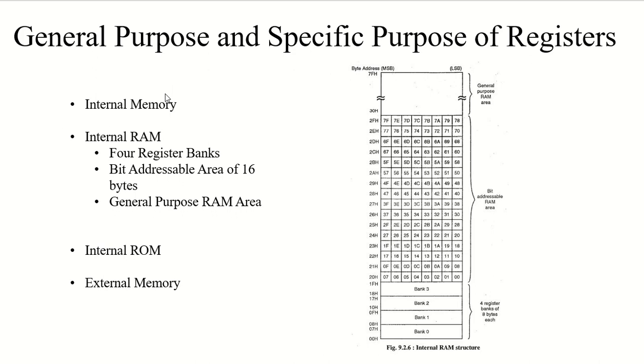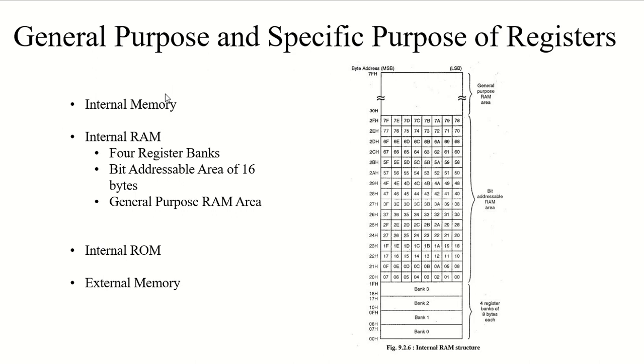So the internal ROM is used to store the internal program code, and it occupies the address space which ranges from 00H to 0FFH. So what is the range of internal ROM of microcontroller 8051? It ranges from 00H to 0FFH.